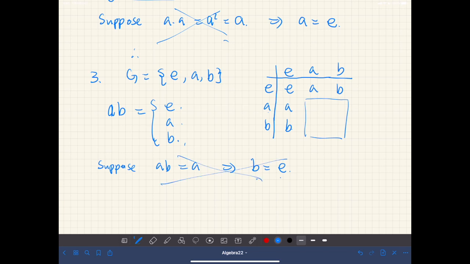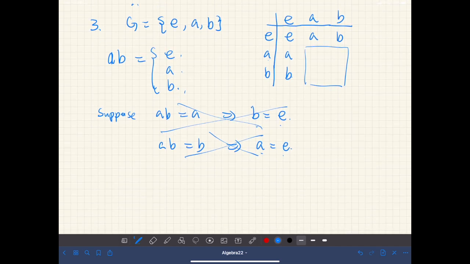So we reject this. And similarly, if we assume AB is equal to B, then multiplying B inverse from the right, we have A equal to E. So again, this is rejected because A and E must be distinct.